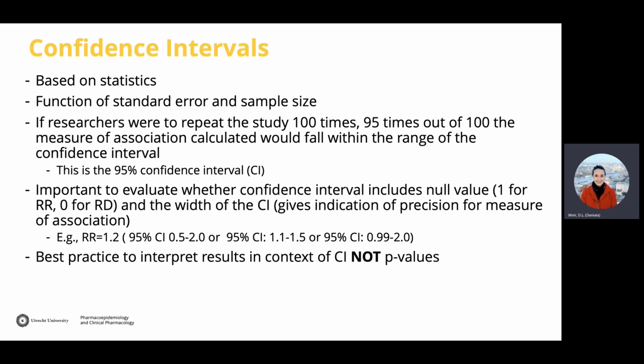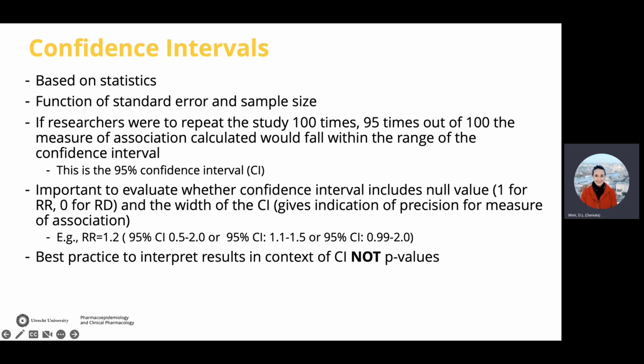So we wouldn't be completely confident as to whether or not a particular treatment increased or decreased the risk of an outcome. Even though the relative risk is 1.2, based on that confidence interval, we couldn't say one way or another whether or not the intervention either increased or decreased the risk of the outcome, because the confidence interval is so wide and really does span the null value.